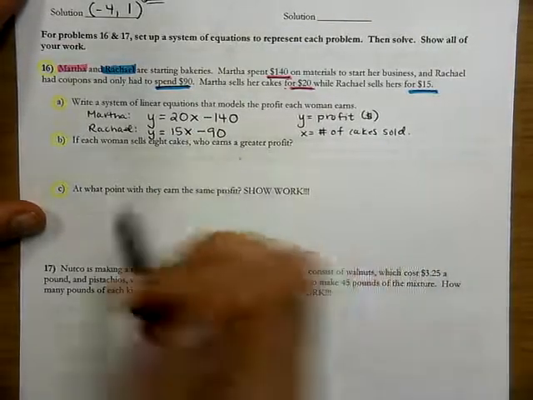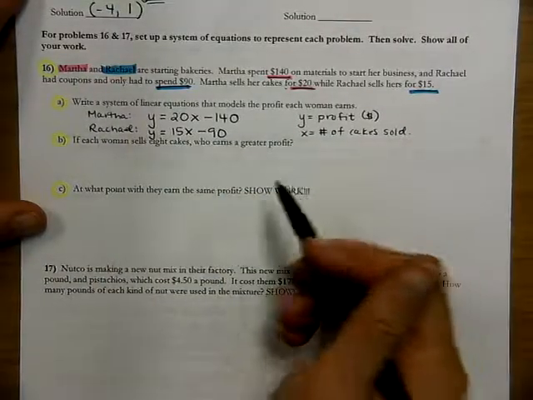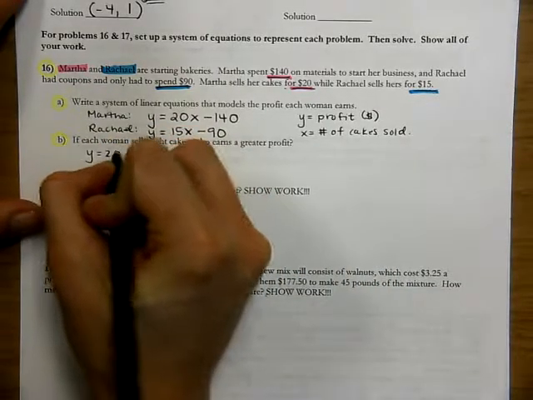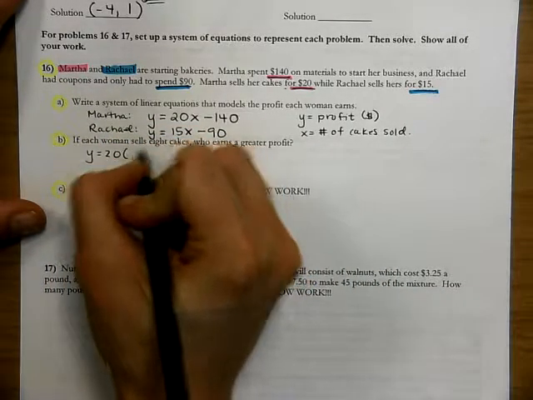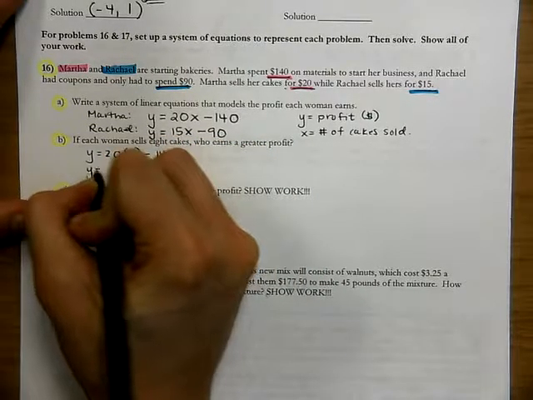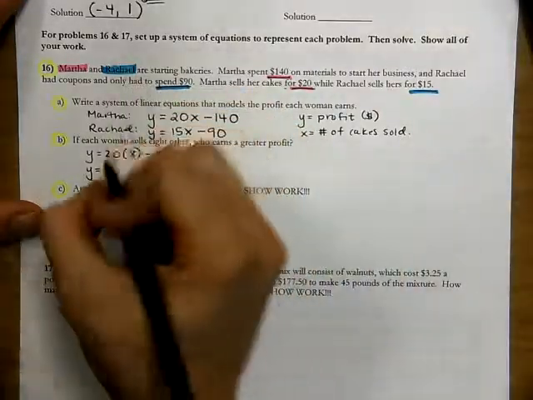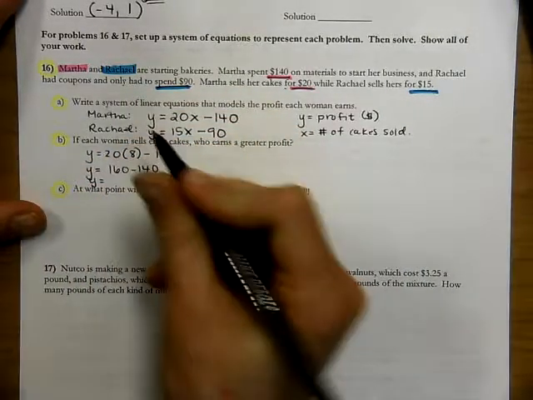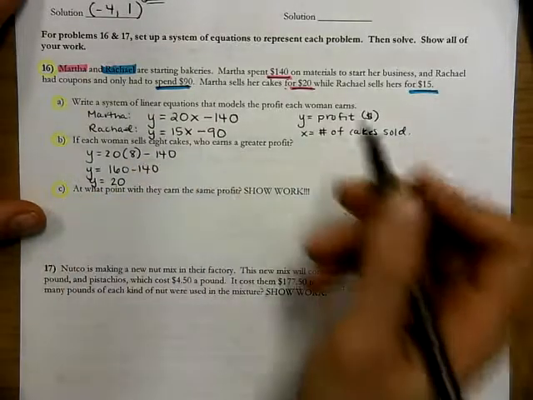If each woman sells 8 cakes, who earns a greater profit? Now, there's a couple of different ways to do this. You could just look at the equation and say, well, y equals 20 times the number of cakes, which is represented by x, so times 8 minus 140. Martha then, what would that be? That would be 160 minus 140. If Martha sells 8 cakes, she gets $20.